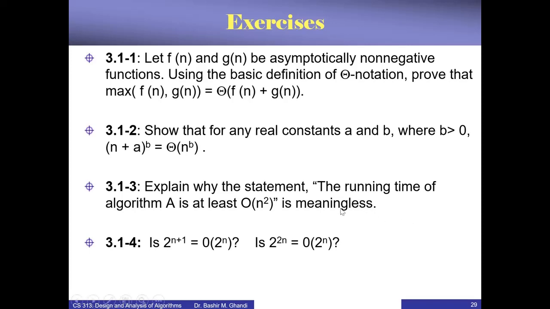And the last one: is 2 to the power n plus 1 big O of 2 to the power n, and also is 2 to the power 2n the same as big O of 2 to the power n? Think about this.